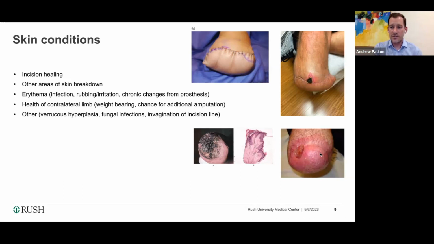This person actually has two issues. They have an open wound here, so that's obviously not good. But you can also see they have suction issues here. This looks like it's been pulled really hard with suction, like negative pressure, and it's created a bulbous end to their residual limb.